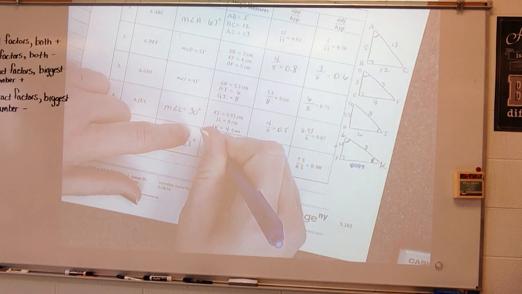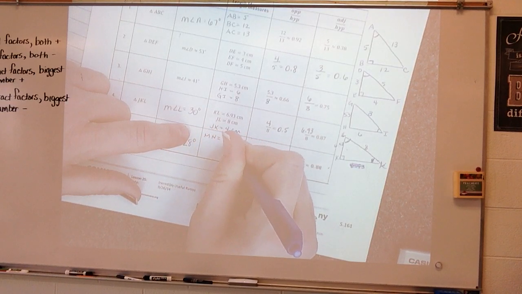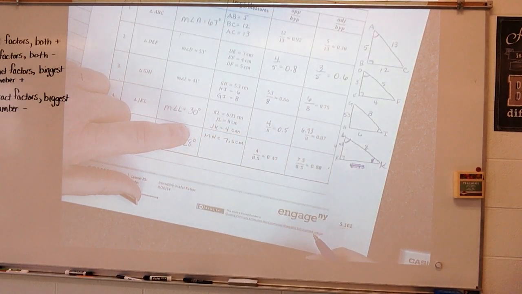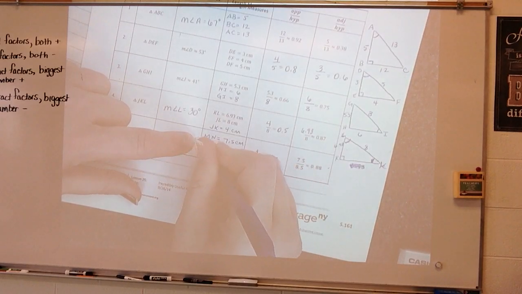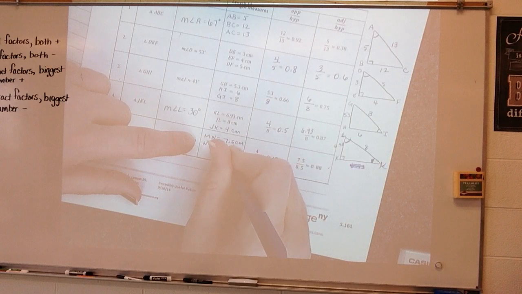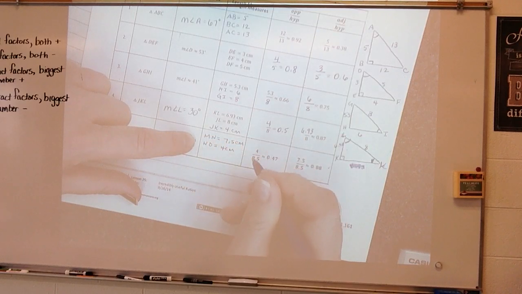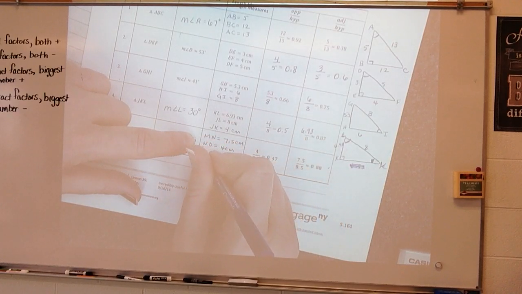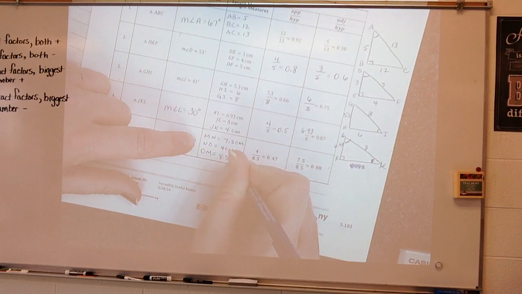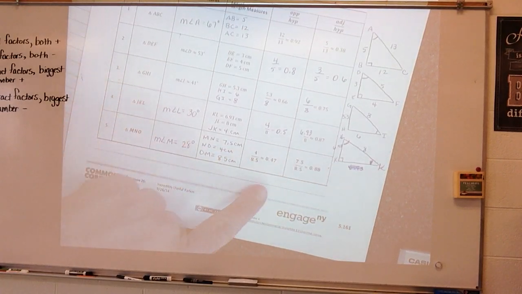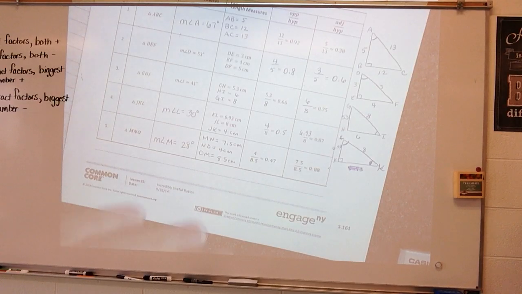So I know that MN is equal to 7.5 centimeters. I know that NO is equal to 4 centimeters. And I know that OM is equal to 8.5 centimeters. Alright, and then we finished everything there.